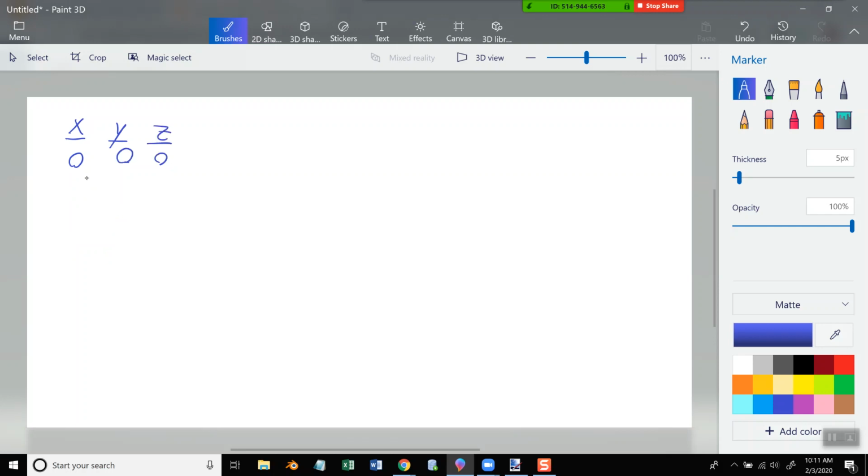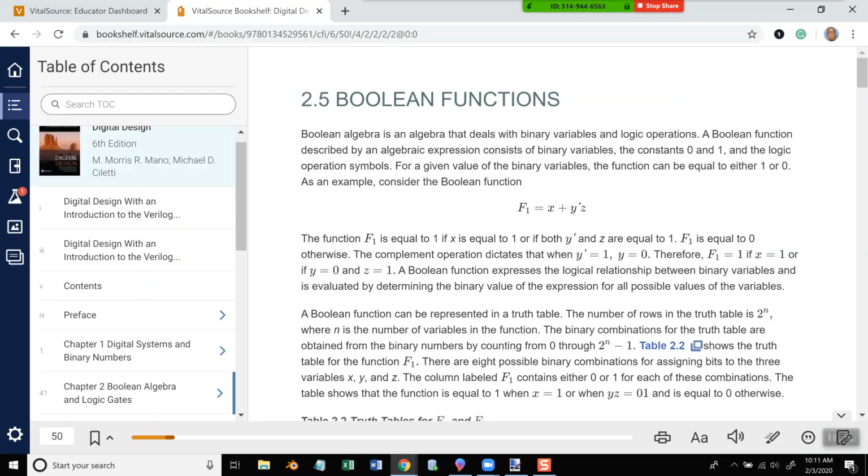0, 0, 0, 0, 0, 1, 0, 1, 0, 0, 1, 1, 1, 0, 0, 1, 0, 1, 1, 1, 0, 1, 1, 1. And what we had? Y prime: 1, 1, 0, 0, 1, 1, 0, 0. I just flip all the y's. I need y prime z.